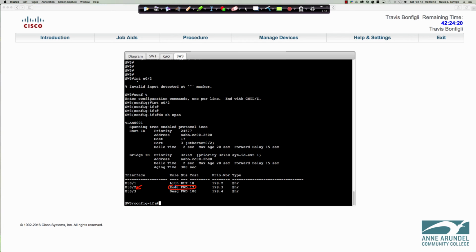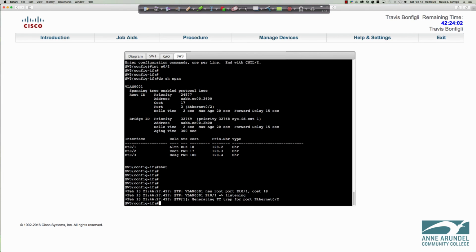root port because it has a lower root path cost. The cost is 17. All right, so let's clear the screen here, and let's say shut, and we're going to see some debug information come to the screen.